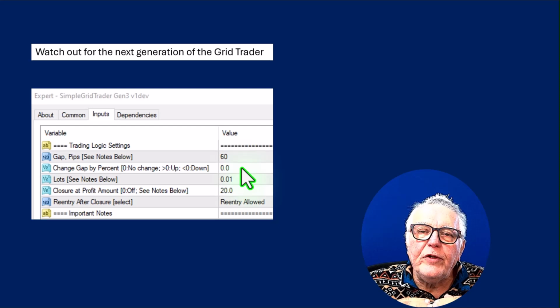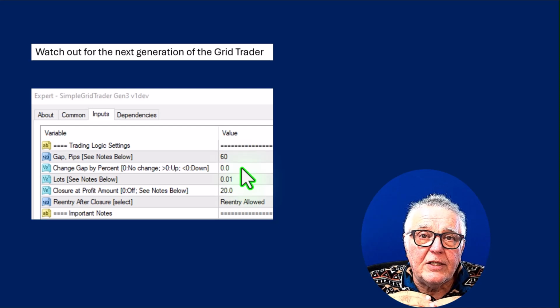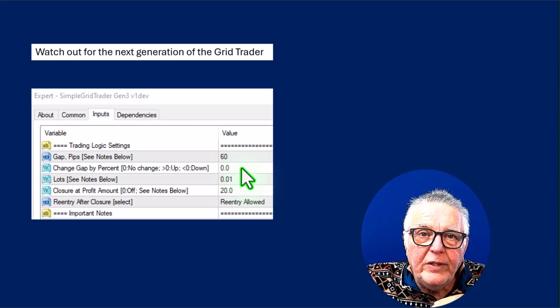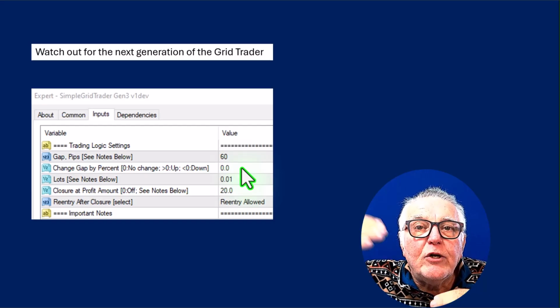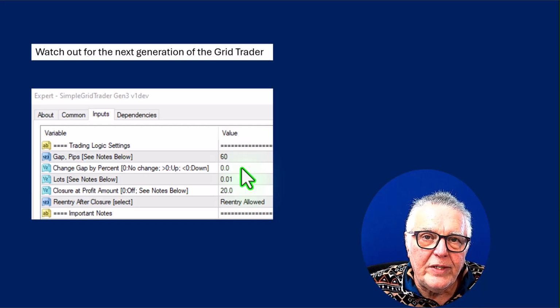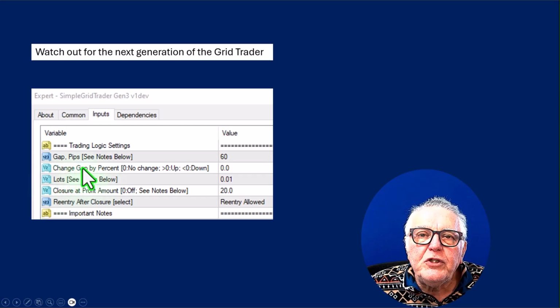And one way of controlling risk is by increasing the grid size. So you might start with a small grid, increase it a bit, increase it again. So as the price moves more, the grid size actually increases. And that's all that this question asks: by what percent do you want to increase your grid size?